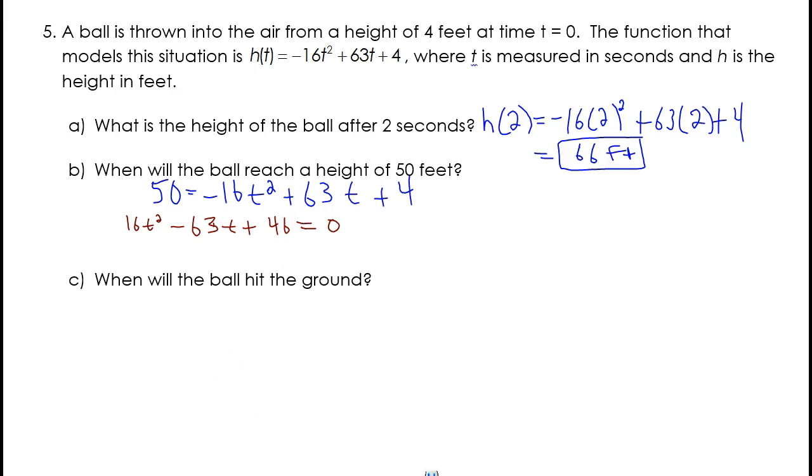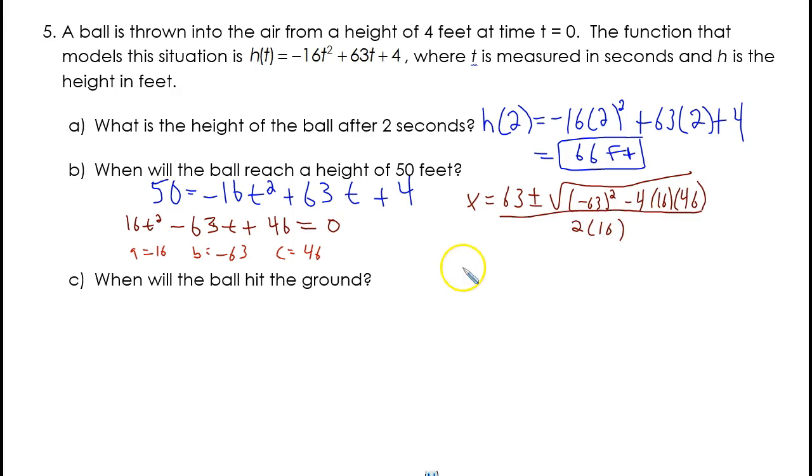So remember, with the quadratic formula, you identify a equals 16, b equals negative 63, and c equals 46. And then you plug those into that wonderful formula that you have memorized, which is opposite of b plus or minus the square root of b squared minus 4ac all over 2a.